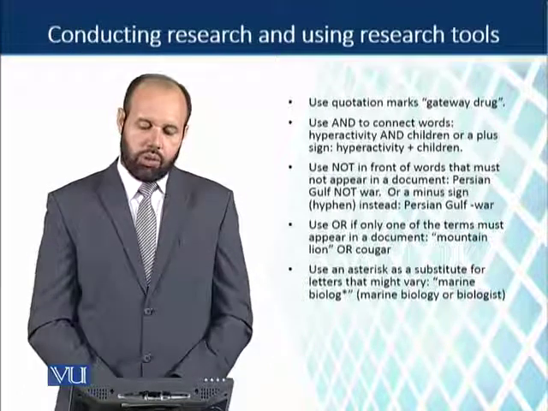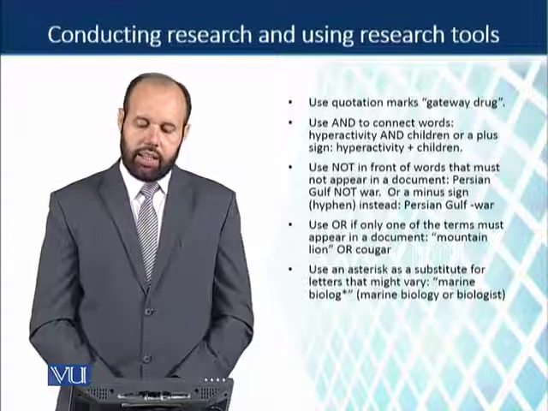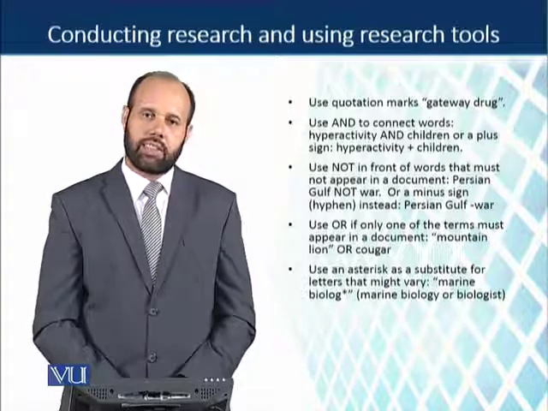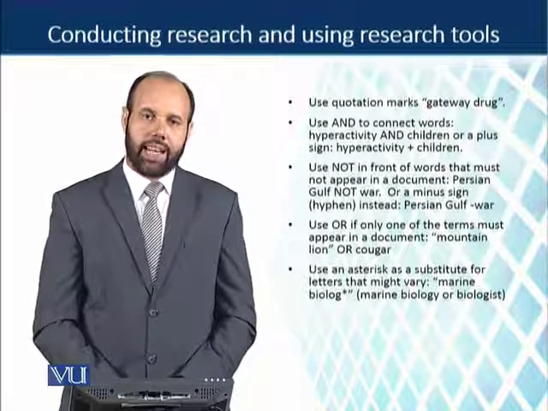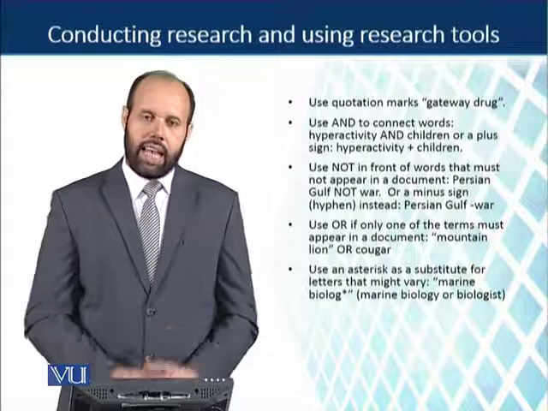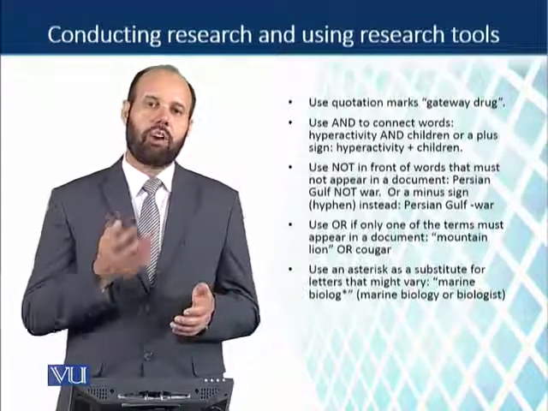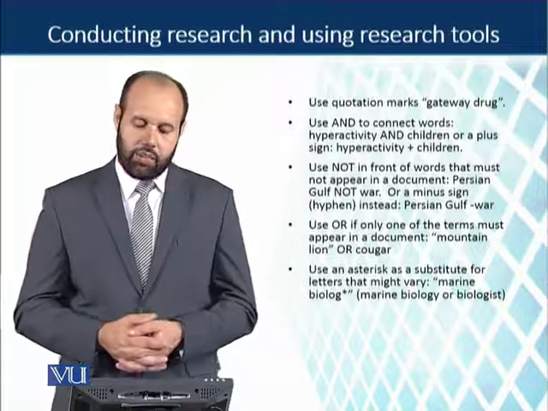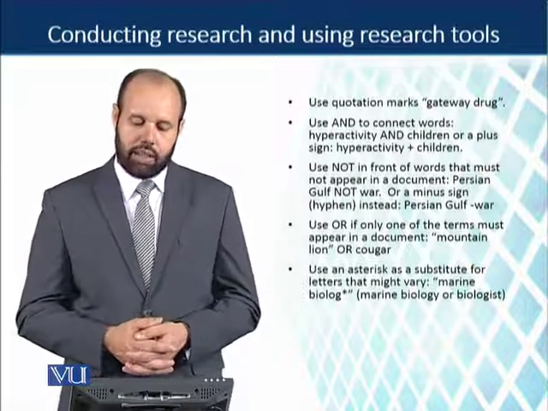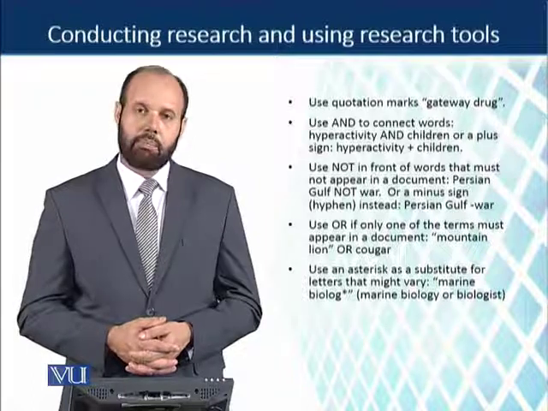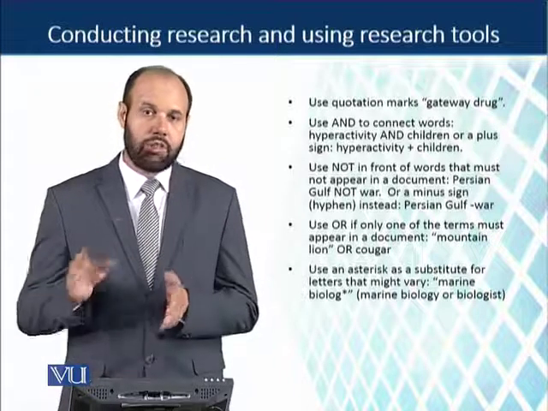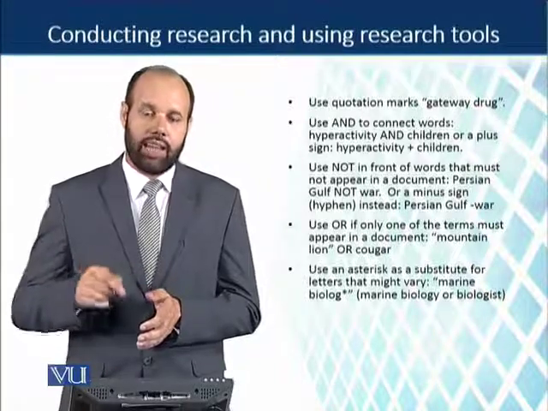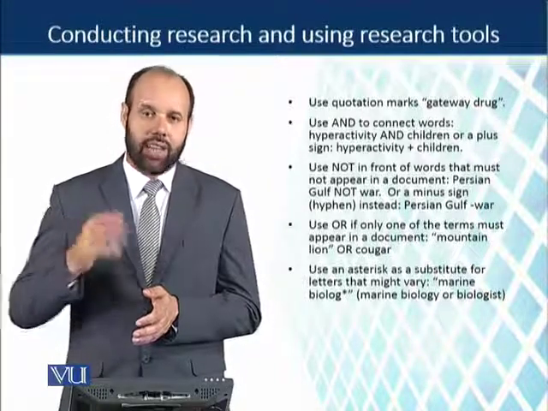And then you can also use the asterisk as a substitute for letters that might have different spellings, right? If you're using this asterisk, it shows that any other variant form of the spelling may also be included, right? In this case, you are using in quotation marks marine biology, but you are not completely writing down biology, B-I-O-L-O-G, and then there is this asterisk symbol, right?